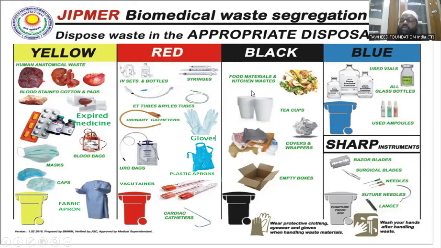Coming to black, food materials, this is general waste. Coming to blue, used vials, all glass bottles, used ampoules, we need to dispose in a blue container. Coming to sharps, the white container: needles, suture needles, lancets, we need to discard in the white container.